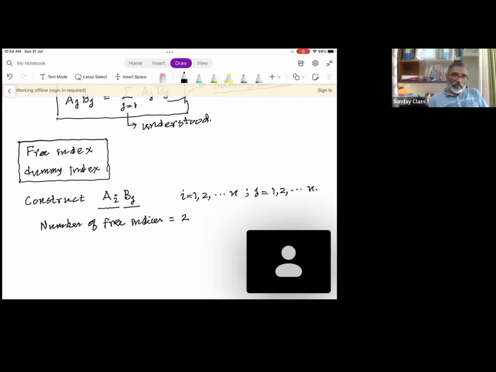So how many components will there be for this quantity?